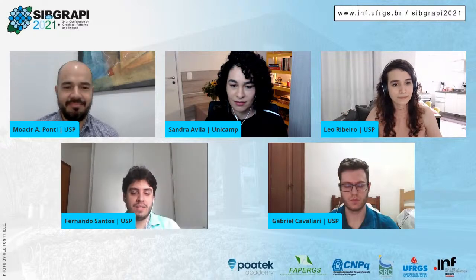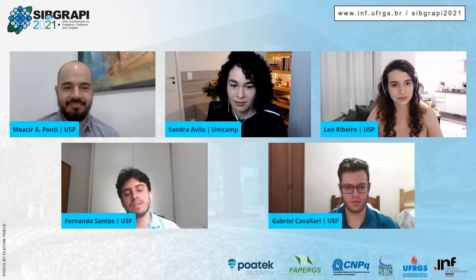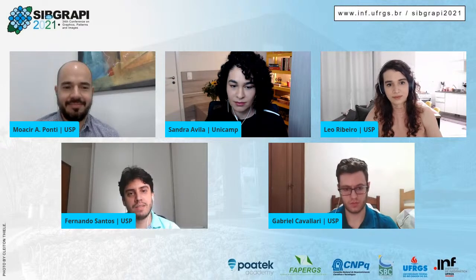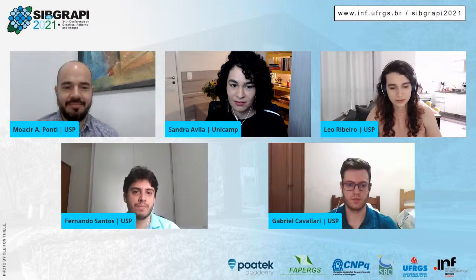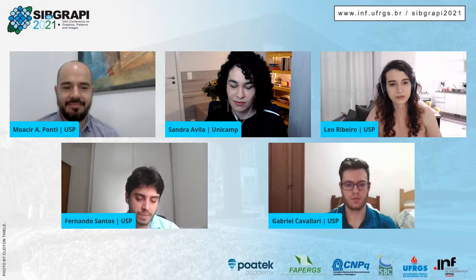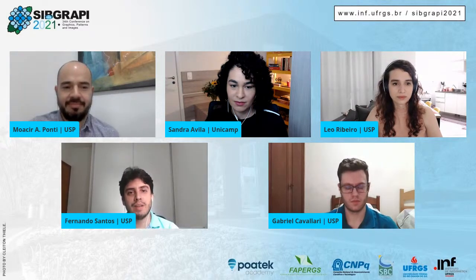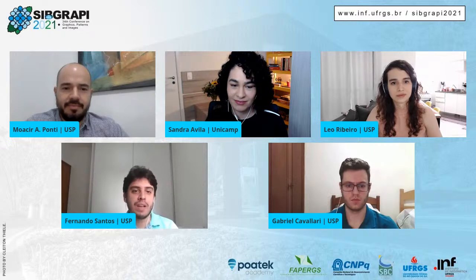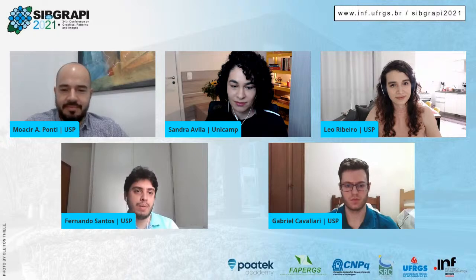Yes, to complement what Leo and Gabriel told us, if we study the data, it's easier to understand how the network actually works. All of us study images. So if we understand how image processing actually works, the filters and noise and so on, it's easier to understand how the network performs.